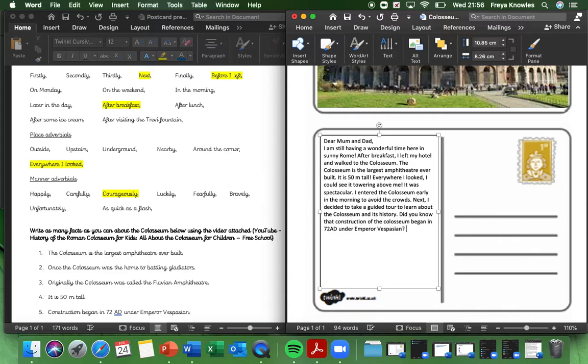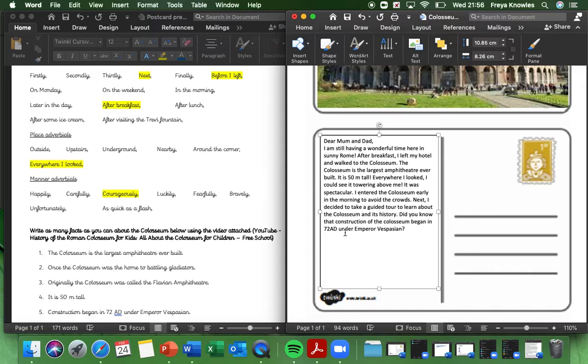And remember, it's a question, so it needs a question mark at the end. I'm going to go on to a new paragraph now, because that's quite a big block of text on its own. And remember, we've got how many more? We've got there, and we've got there.